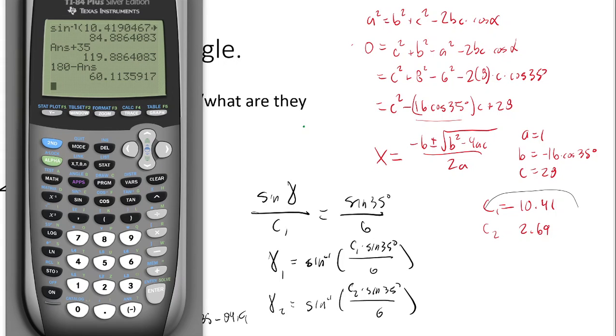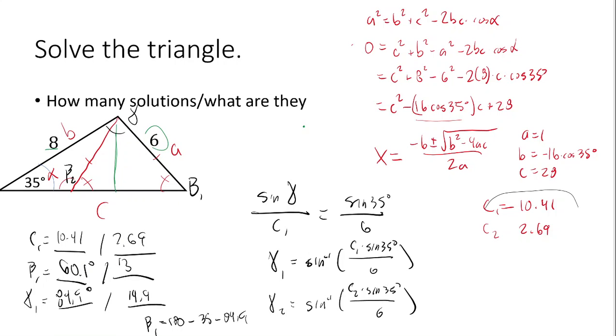The last one we would do 180 minus 35 minus this 84.9, right? And we get, oh wait, we did that wrong. Sorry, 180 minus 35 minus the other one, which was our 10.4. We get 134.6 degrees.